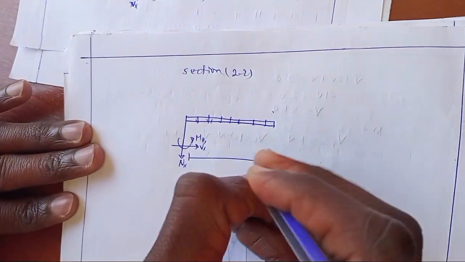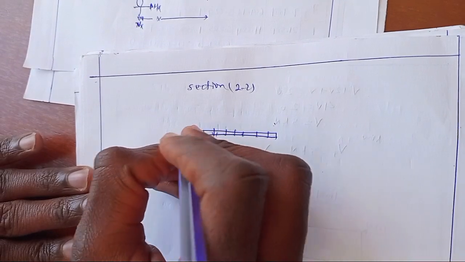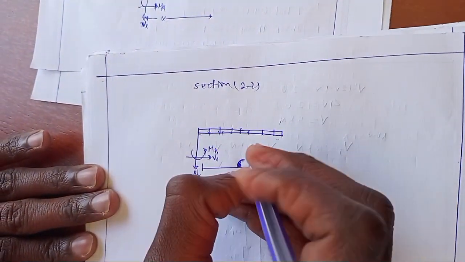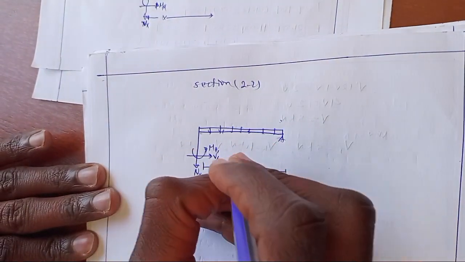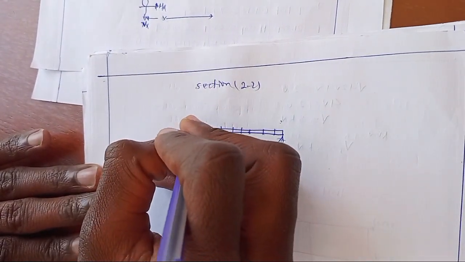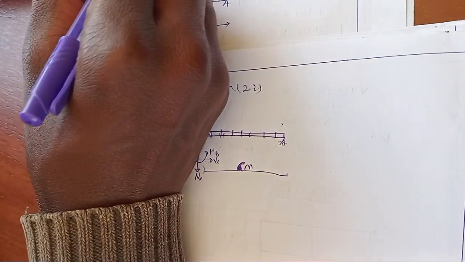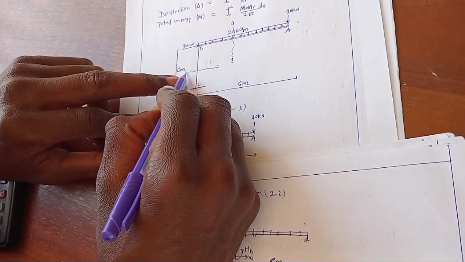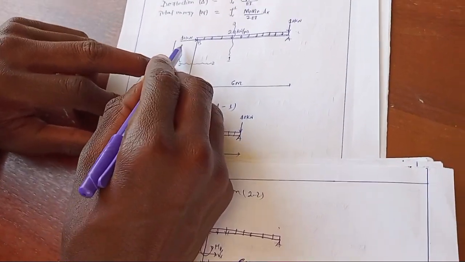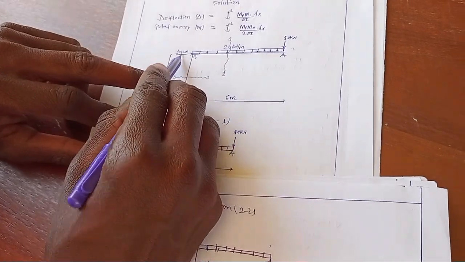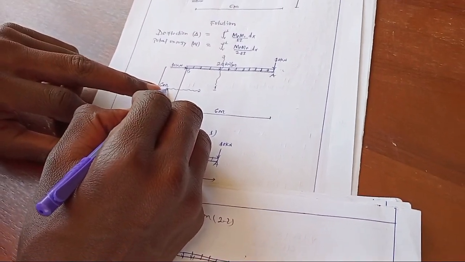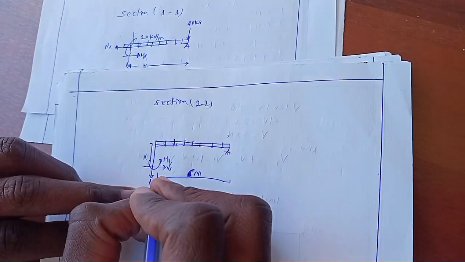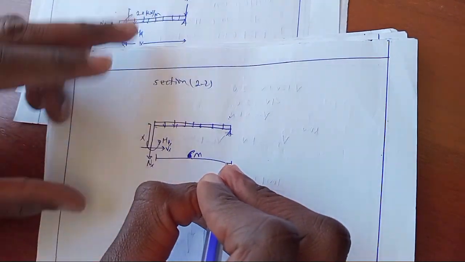This is a known distance x. This is 6 meters from this point to point A. When you cut the section at this point, at a known distance x, from this point to this point is x, and from this point to this point was 6 meters.